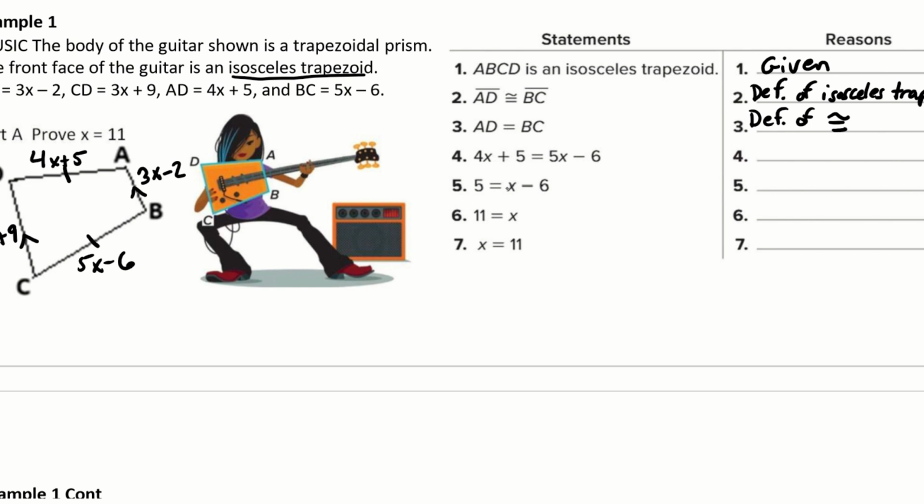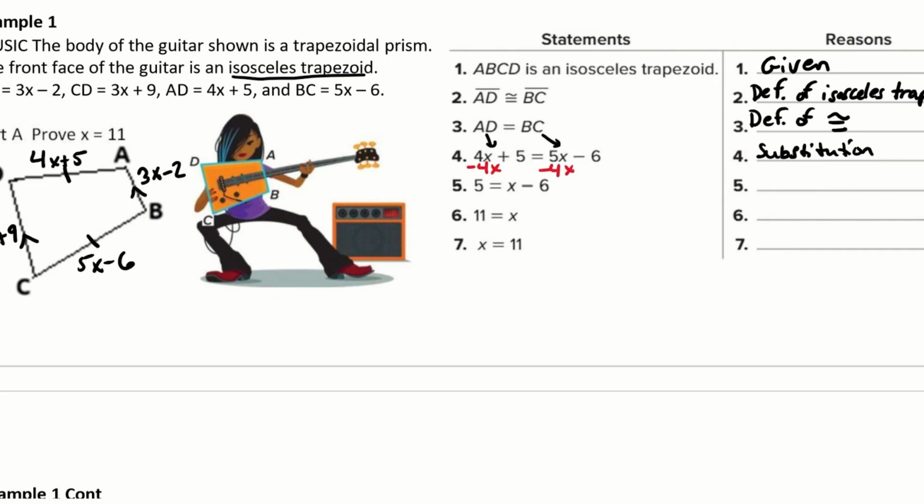And then we're going to now replace this with those respective parts. When we replace something with another, we call that substitution. Okay, so we're doing a substitution. And then we're just solving that. So notice that here, to get from there to there, we subtract 4x on both sides.